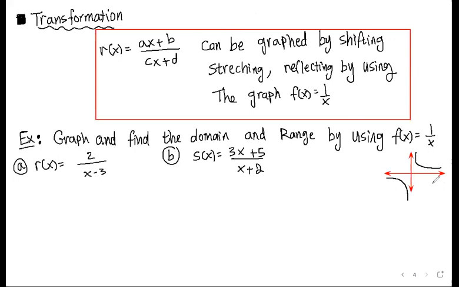So how can I use this graph to graph this one? Without a table, we're going to use the transformation.